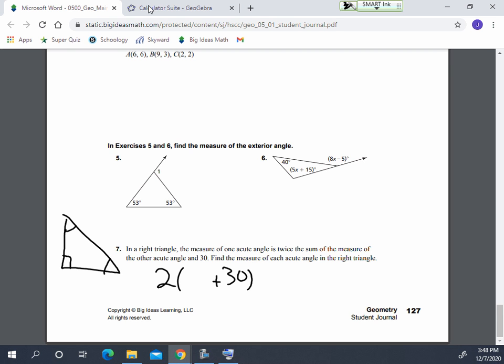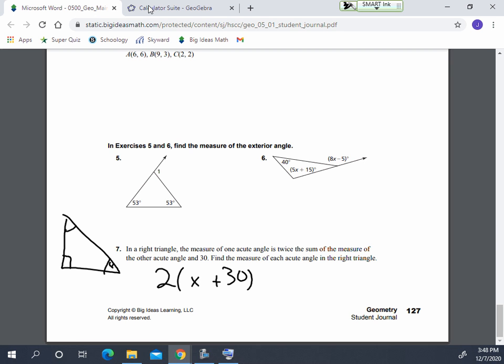Okay, well, we'll call this one x. Find the measure of each acute angle. In the right triangle, the measure of one acute angle is twice the sum of the measure of the other acute angle and 30.